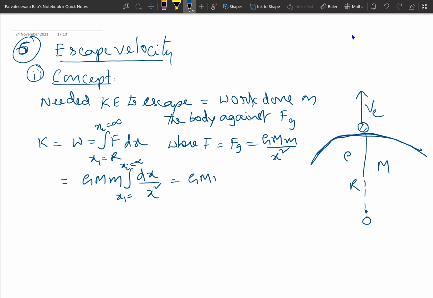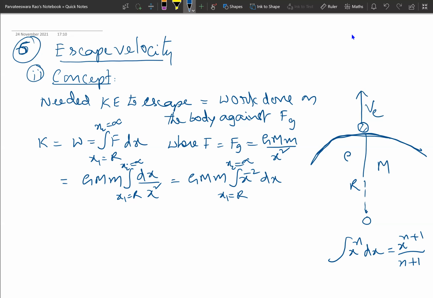That is G capital M small m integral x to the power of minus 2 dx, same limits, x1 is equal to R to x2 is equal to infinity. So there is a formula for integration, Anagha, I think you may be knowing it. Integral x to the power of n dx is equal to x to the power of n plus 1 by n plus 1. Yes, sir.